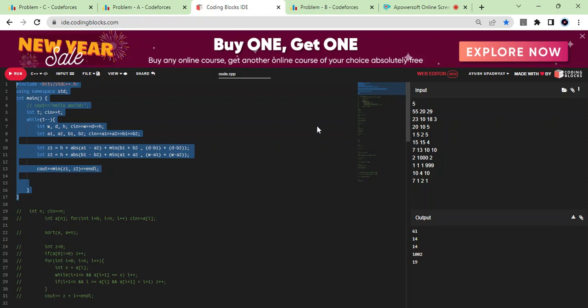No, it should be 47. H plus the minimum of the absolute of b1 minus b2, b1 comma b2, a1, a2, w, d minus b1, d minus b2, w minus a1, w minus a2. Okay, this is a problem in the input.